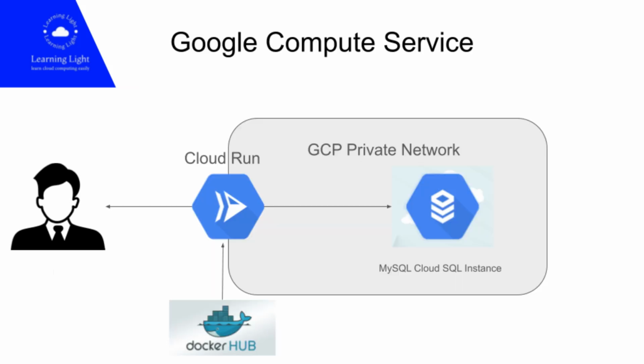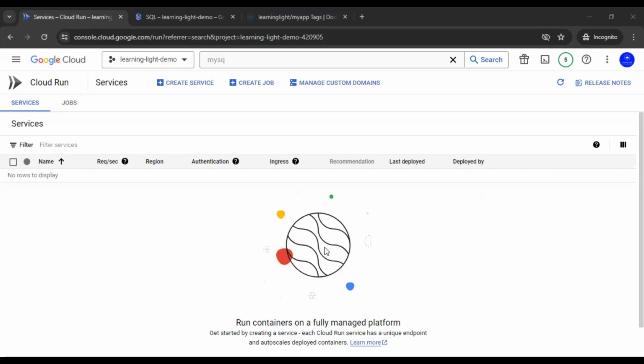This app will connect to the MySQL server privately so that we keep our database secure. We can host our application in front of the external user, but they cannot directly connect to the database, while the application can. Now, Cloud Run has a free tier that resets every month and is aggregated across projects by billing account.